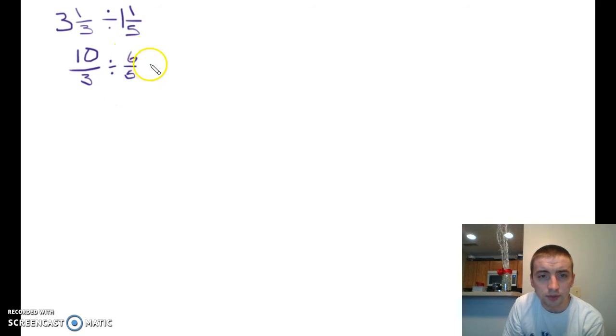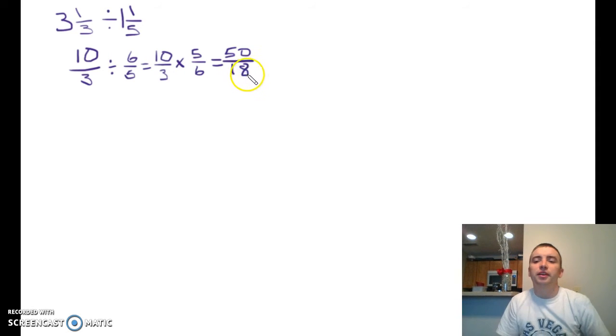Okay, so then I keep, switch, and flip. So I keep 10 thirds. I'm going to switch it to multiplication and flip 6 fifths to the reciprocal, 5 sixths.